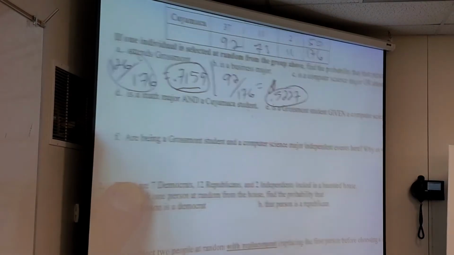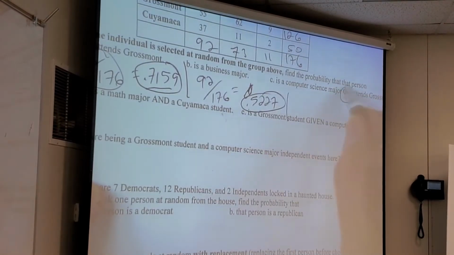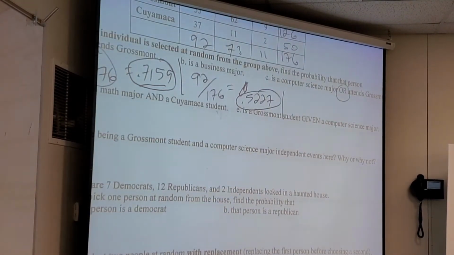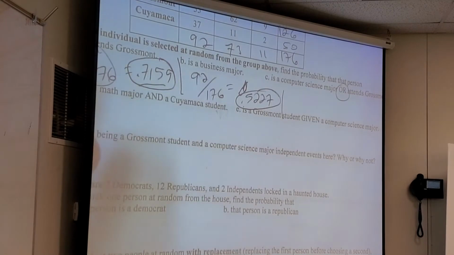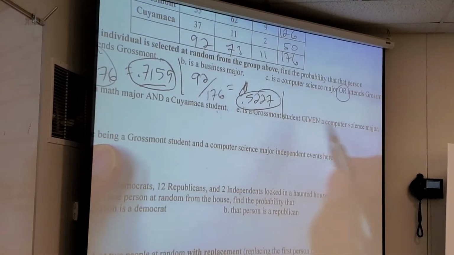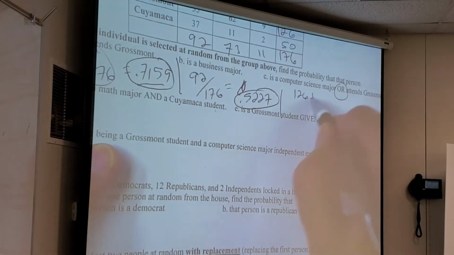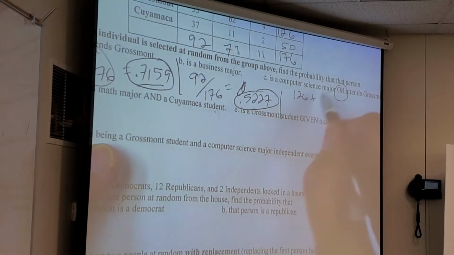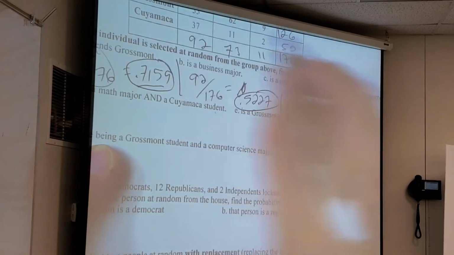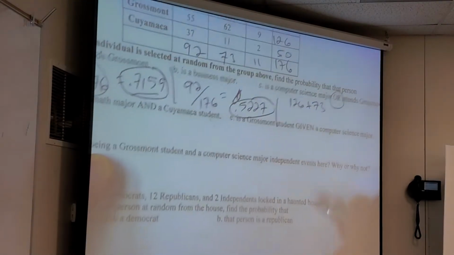Here's an OR, so the top should get bigger because of that, but you've got to be careful, don't make it too much bigger. There are a few different ways I could do this. I could do 126 Grossmont plus 73 computer science majors, but then I've counted how many twice? 62.